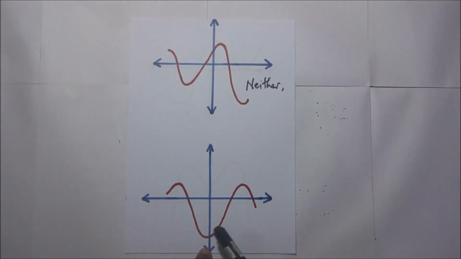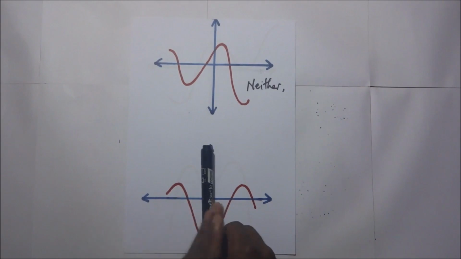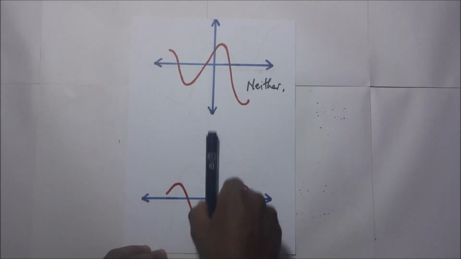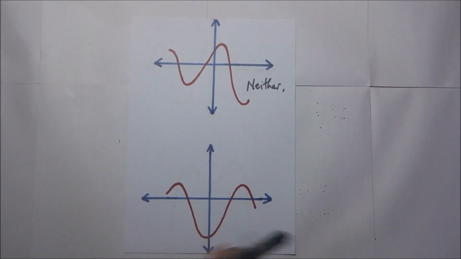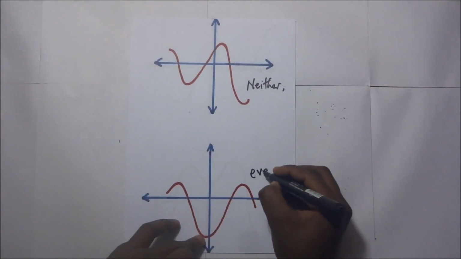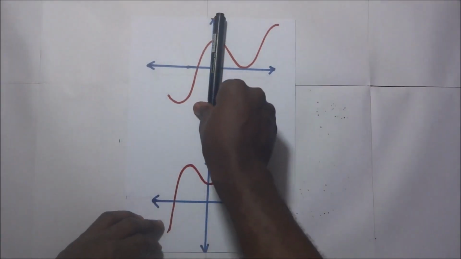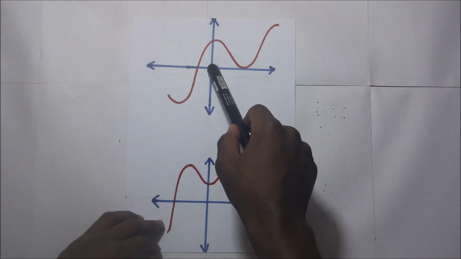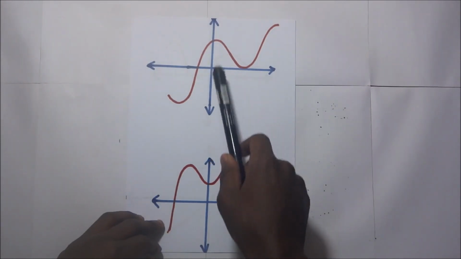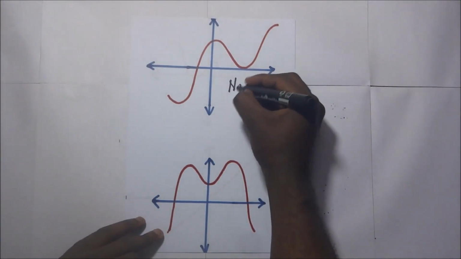Looking at this one, the y-axis splits it into two equal parts, meaning it has a symmetry about the y-axis. So this one is an even function. This one right here is not symmetrical about the y-axis, and it does not have a rotational symmetry about the origin, meaning this one also is neither odd nor even.